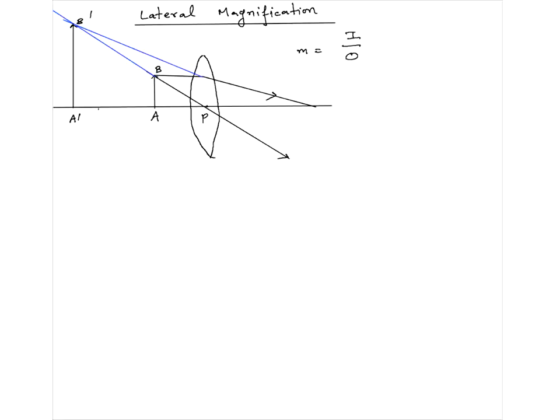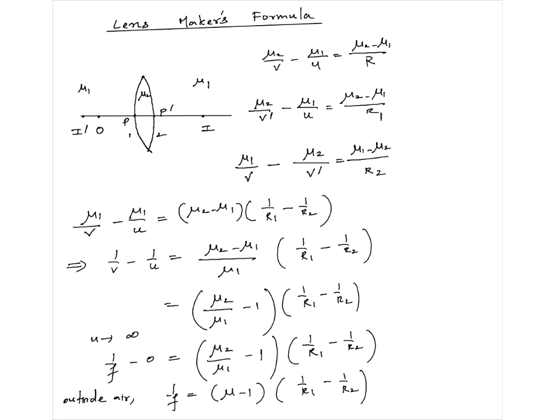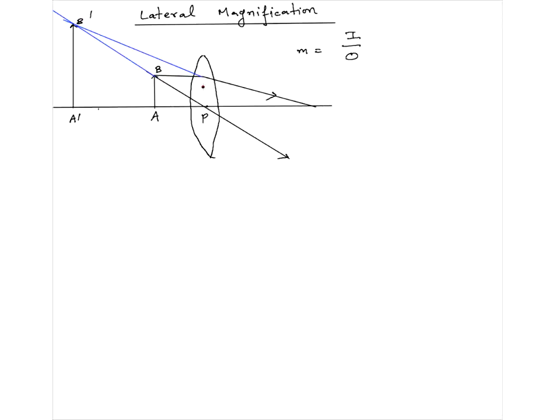Now while previous derivation was a very general derivation, in fact there was no need for me to show this type of lens. There was no need for me to show biconvex. The derivation at no point assumed biconvex or any other type. But here we will derive it for this drawing, but it works for other cases as well.